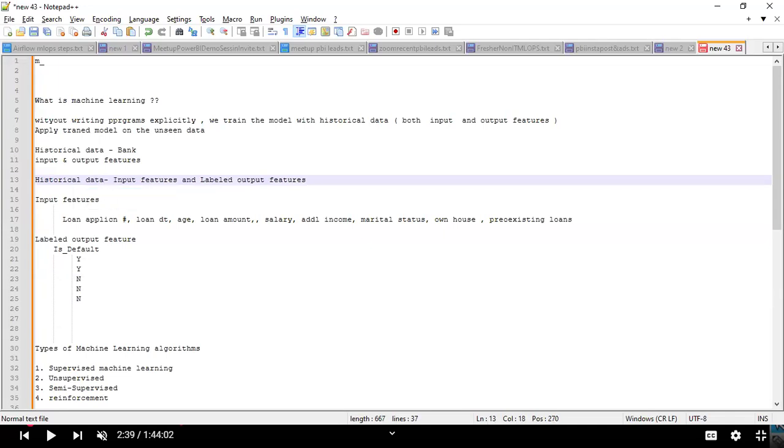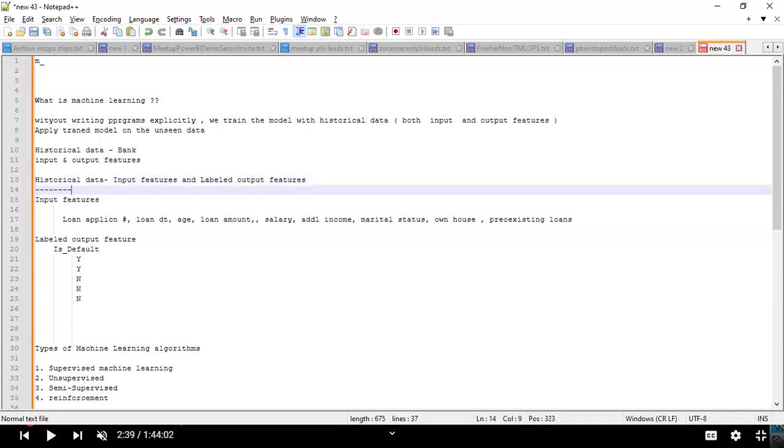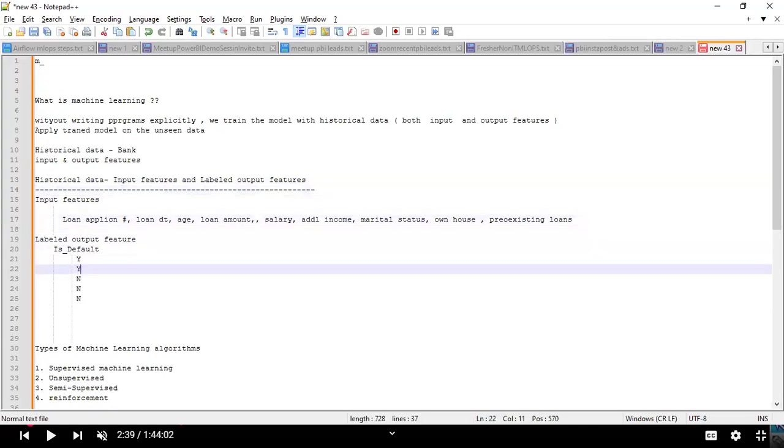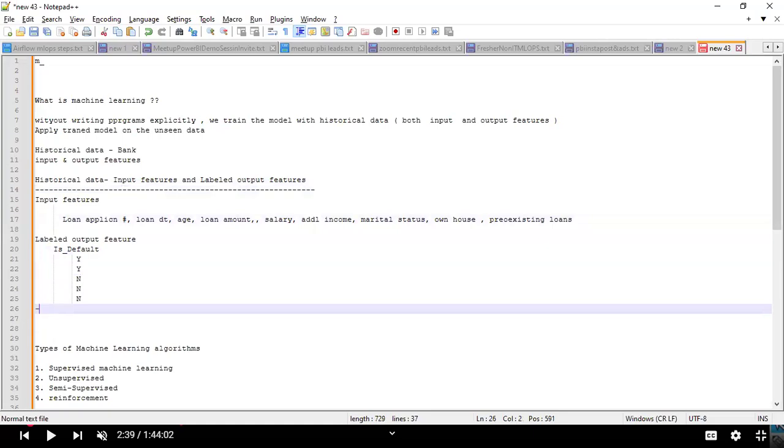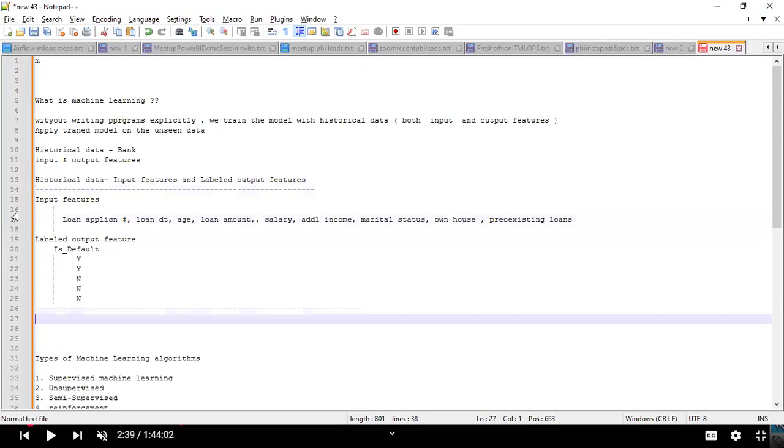The historical data consists of both the input and labeled output features. These are examples of the input features, and this is the labeled output feature. You train the model with both. But if you see, there are many input features, while the labeled output feature is only one column.